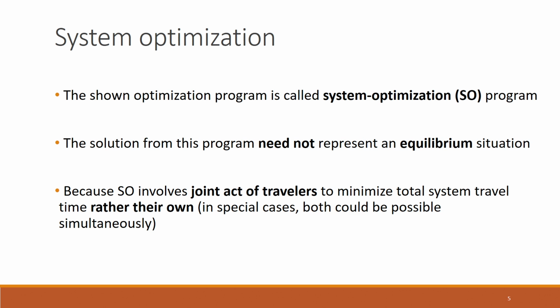In the system optimization solution, everyone follows the way of traveling so that the total travel time spent on the network is minimized. While doing that, it might happen that some of the travelers have to travel longer than the shortest travel time that is possible. That's why this solution need not be the same as the user equilibrium solution.